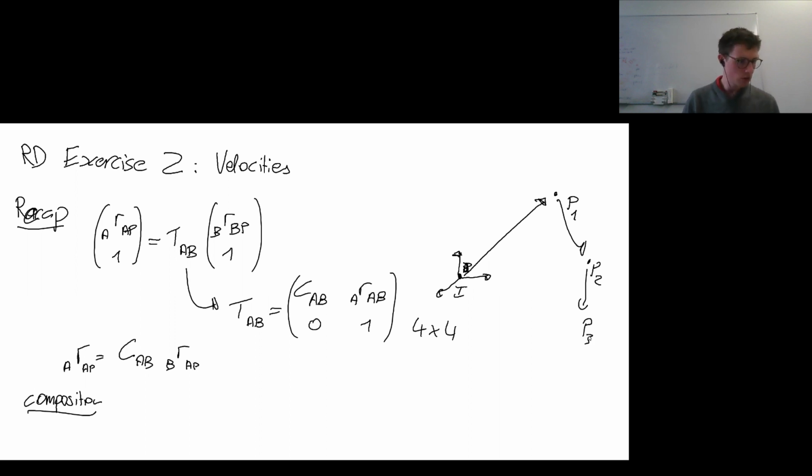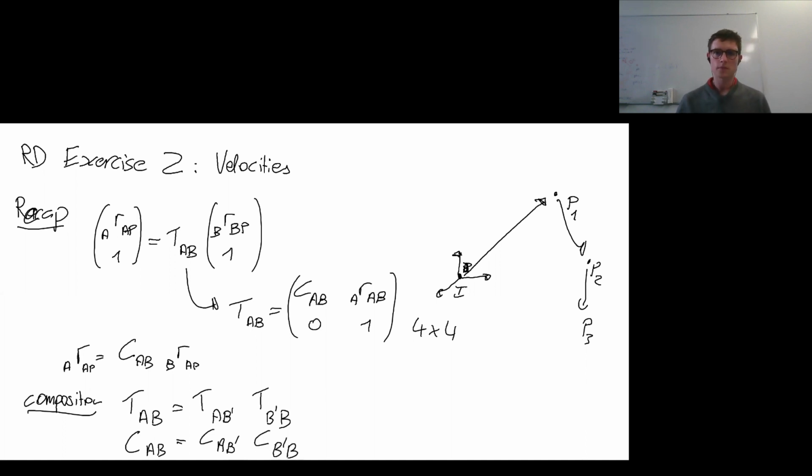So the composition works as follows. We have T_AB is T_AB' , which is some intermediate point, T_B'B, and the same for rotation matrices. So C_AB is C_AB' C_B'B.